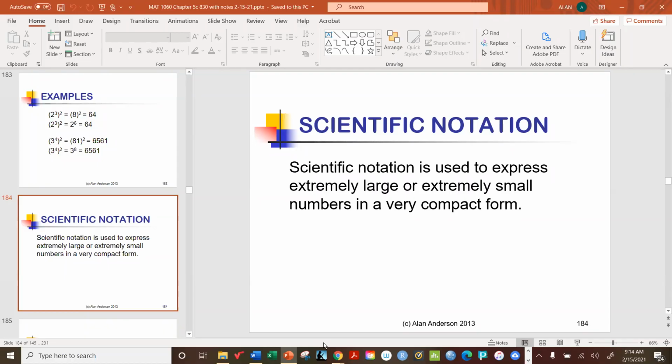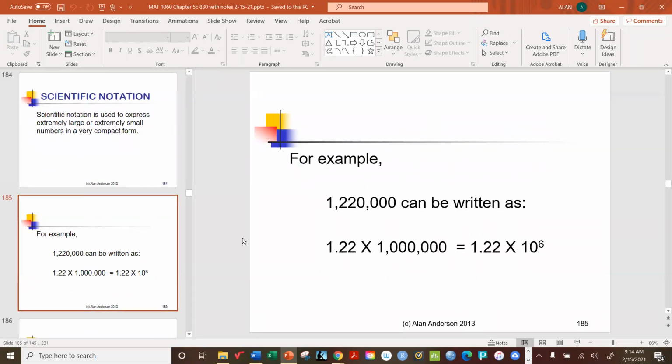For example, and by the way, don't forget, all of these examples are based on exponents with base 10. It's understood that we're doing everything in terms of base 10. So when you see something like this, the first thing we're going to do is rewrite it as 1.22 times a million, or 1.22 times 10 to the 6th power.